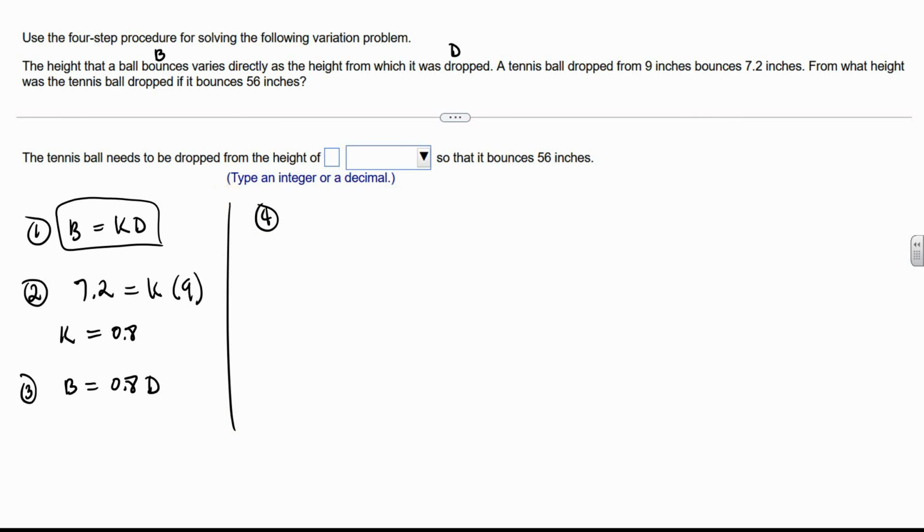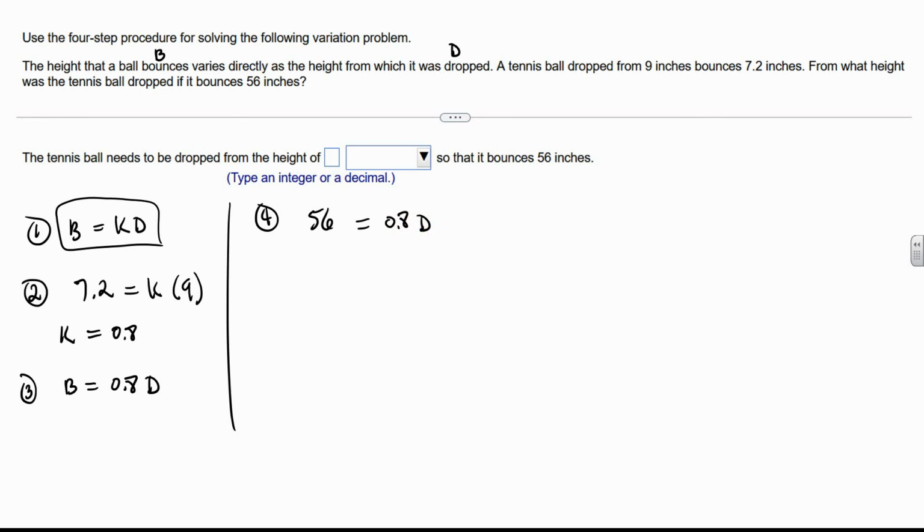So it says now, for what height was the tennis ball dropped? That is, I'm looking for d, if it bounces 56 inches. So 56 is equal to 0.8 times d.